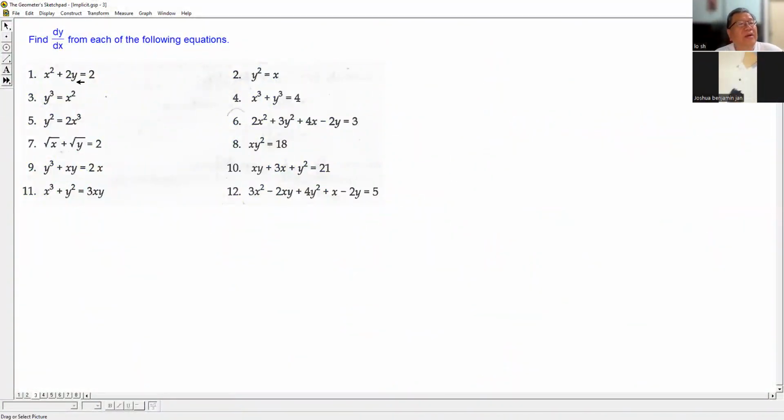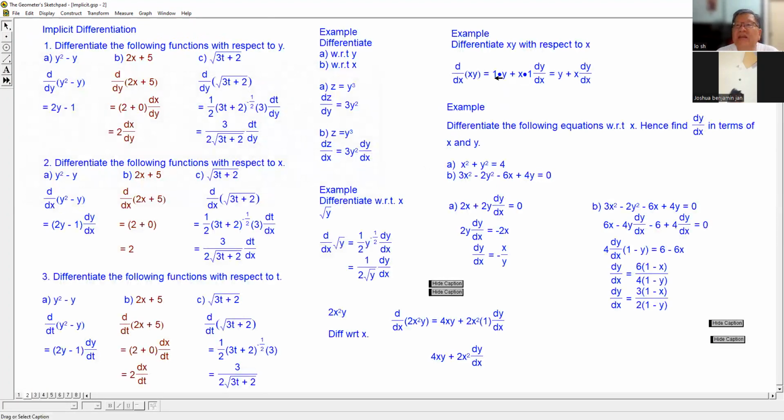The next one here, we have this one. No product rule, this one no product rule. All this got no product rule. Then when you look at the later part, like that one, got product rule, like this number 8. You look at number 8, it is this one.